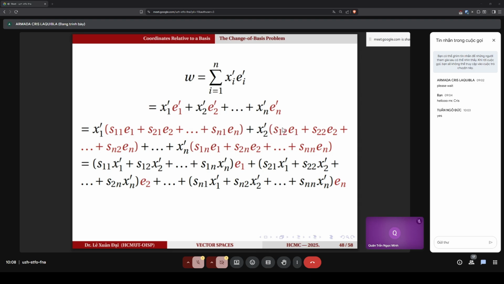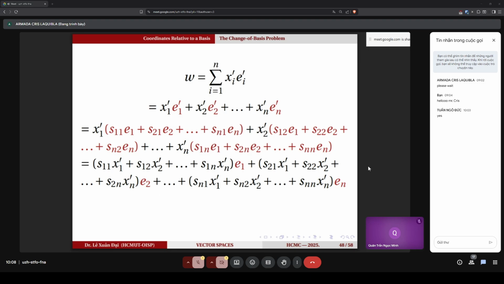So you have s12 times x2 prime. And your last e1 is located here. Can you see the cursor? You have xn prime times the s1n. So here, s1n xn prime. That's for the e1. Next, follow until e2, and then the last is your en.